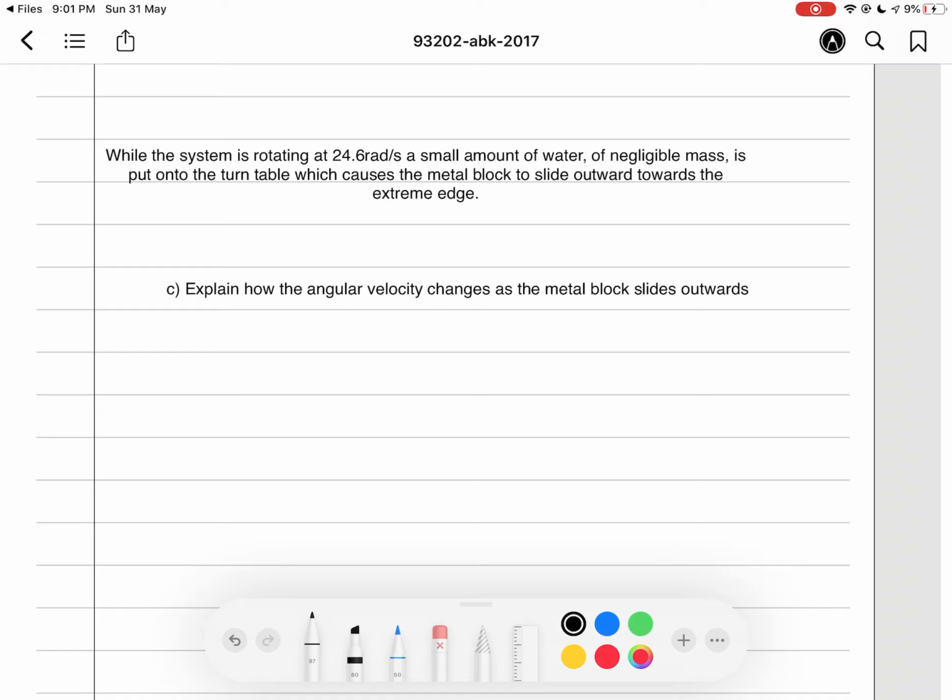We can say that there are no external torques acting on the system, and link this to the angular momentum of the system not changing. Because the angular momentum doesn't change and the rotational inertia has increased, the angular velocity has to decrease, because rotational inertia is defined as an object's ability to resist change to angular velocity.